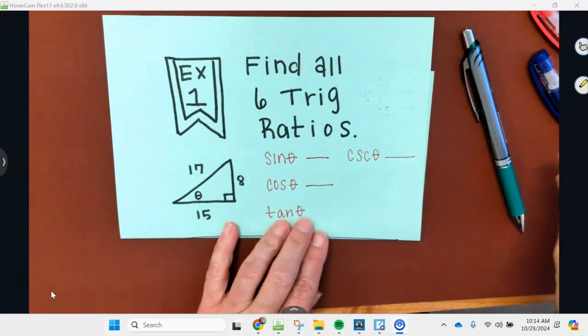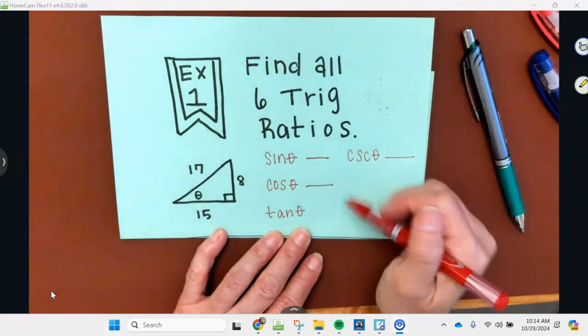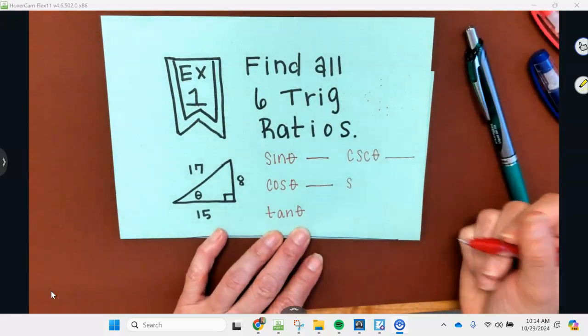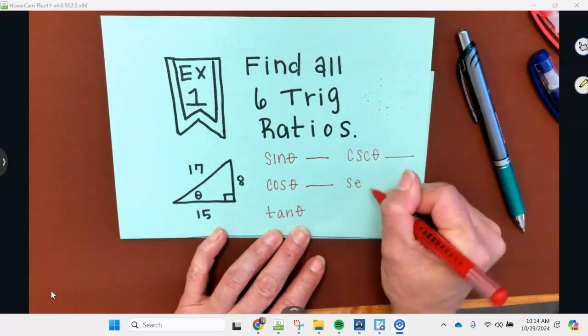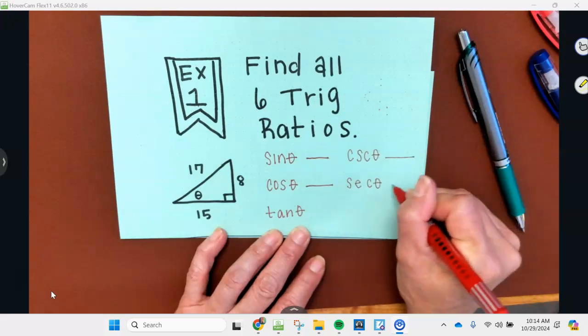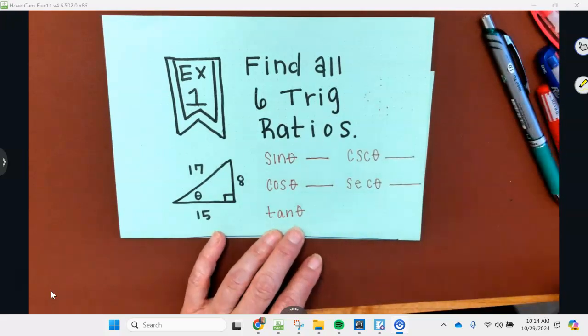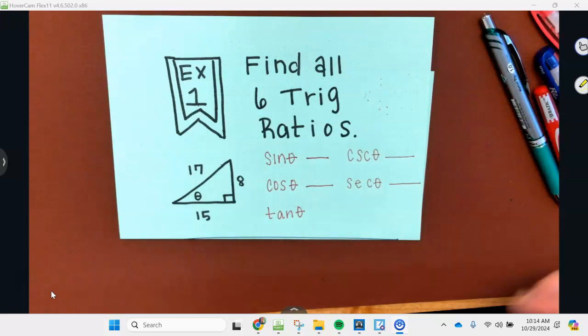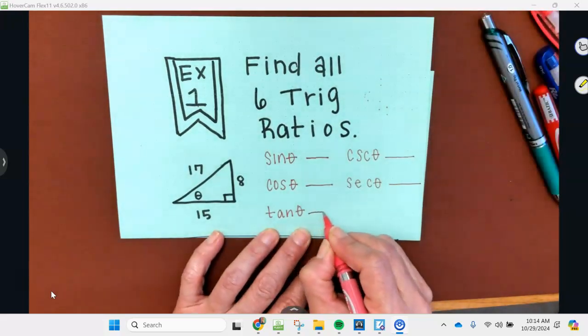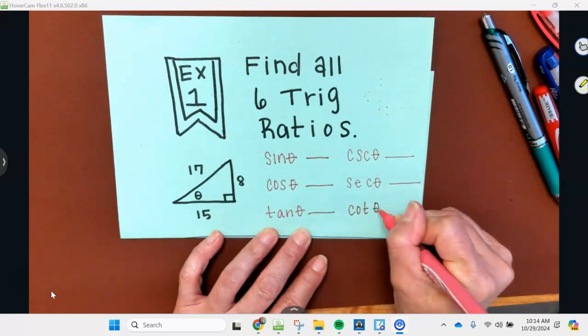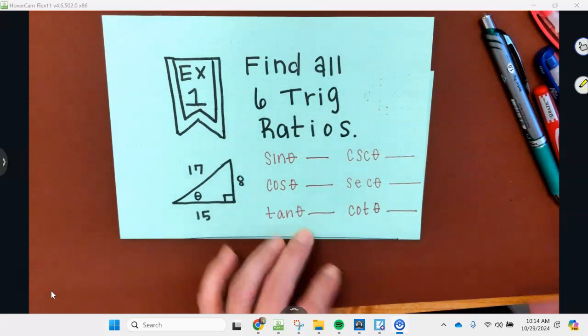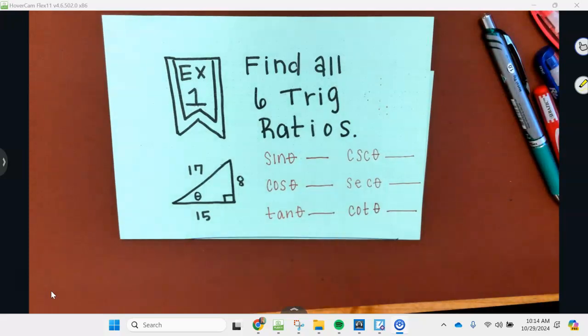The reciprocal starts with the letter S. Do y'all remember what the name of that is? Secant. And it's SEC. And tangent's the only one that makes sense. So tangent is cotangent, and remember that's COT. And guys, we're just going to write those fractions.